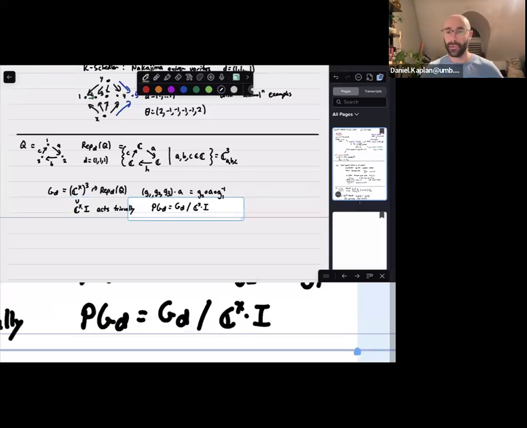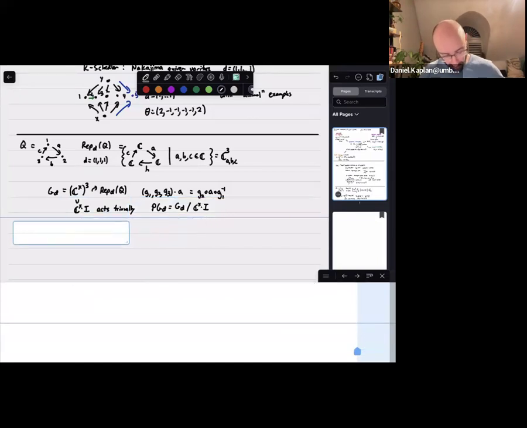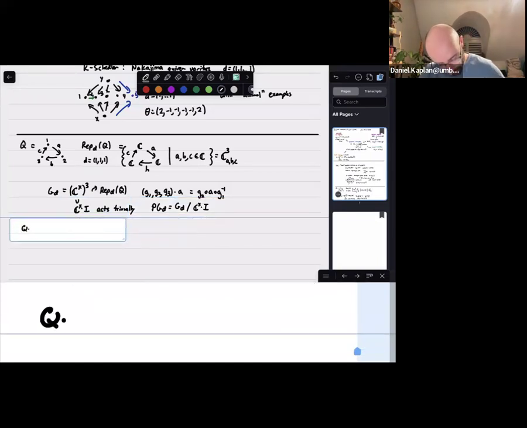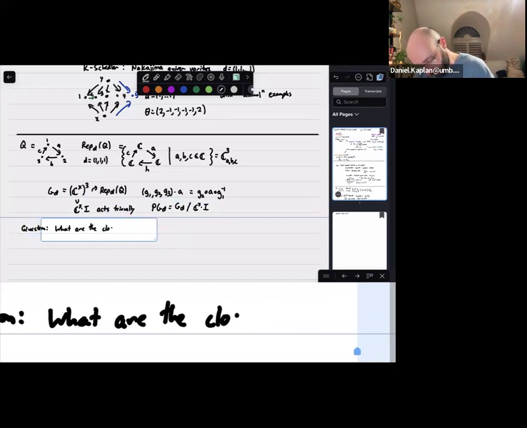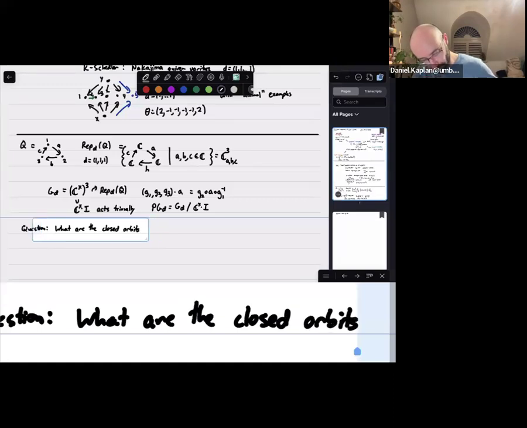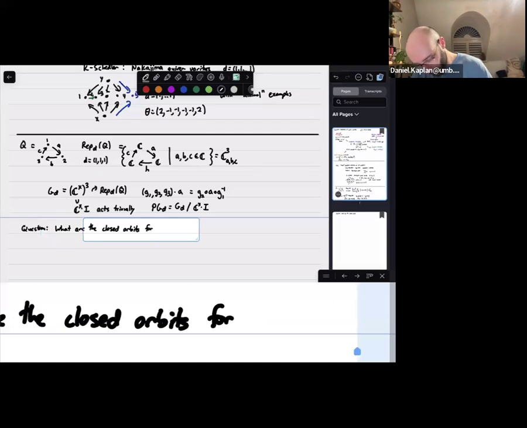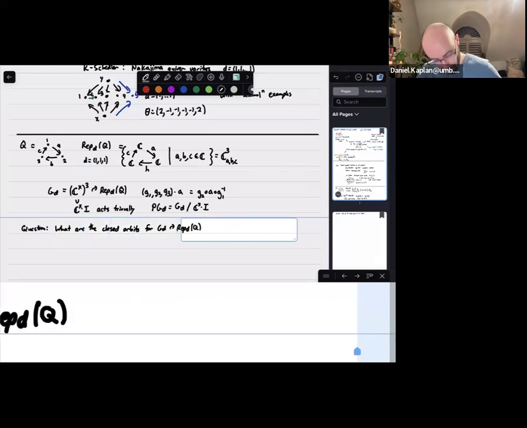Okay. And the first question I want to understand about this action is, what are the orbits? Let's say closed orbits for now. Okay, good.